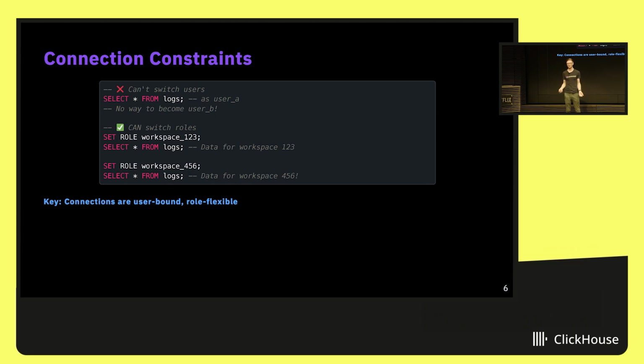But if you are using an individual connection, you can switch roles at will as much as you want. So in this case, you can select just the logs from workspace 1, 2, 3. And then on the next connection, you're pulling the connection from the pool, you're submitting your next query. Before you submit the user query, you can set the role to workspace 4, 5, 6, and 4, 5, 6 won't be able to see workspace 1, 2, 3 roles, or logs.